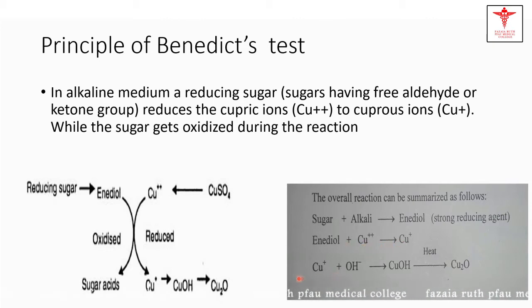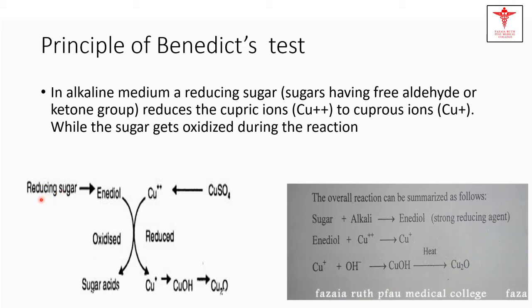Now these cuprous ions will combine with hydroxyl group to form cuprous hydroxide. Now when we heat this cuprous hydroxide, it will form cuprous oxide, and this cuprous oxide will give us the red precipitate that we see in the test. Again, a similar reaction.